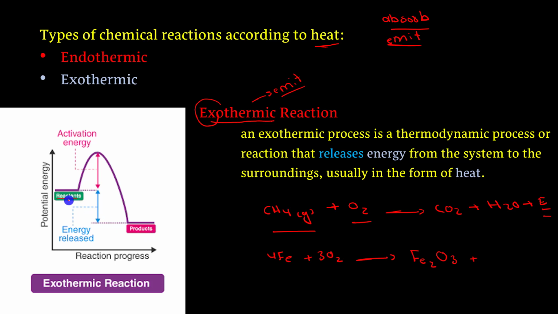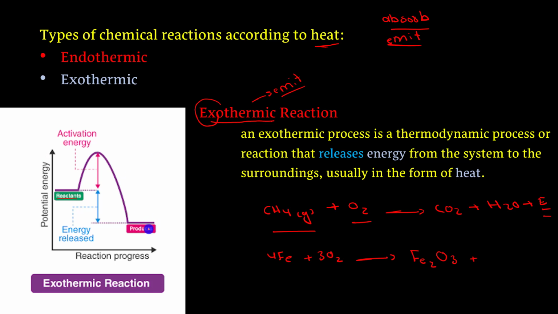The product's energy is lower than the reactants. Why? Because in this kind of reaction, during this reaction, the energy that the reactants had, they release that energy from the system to the surroundings.